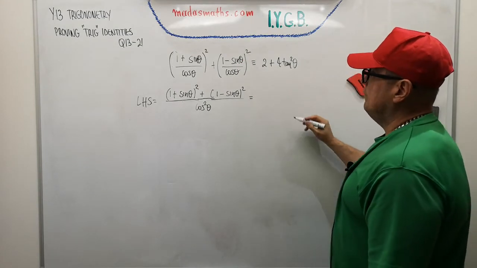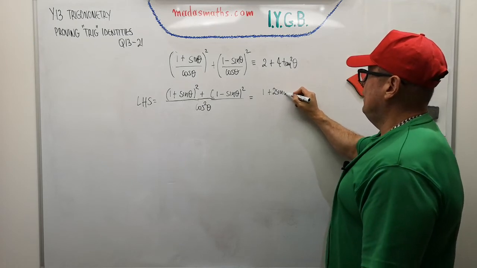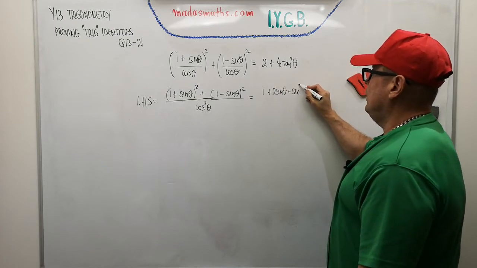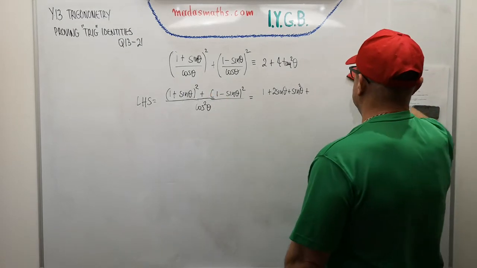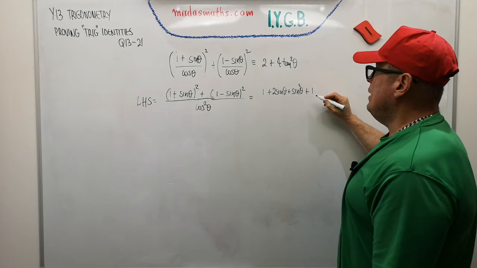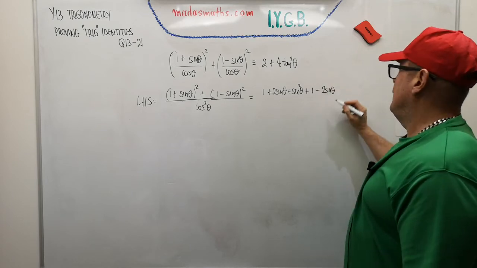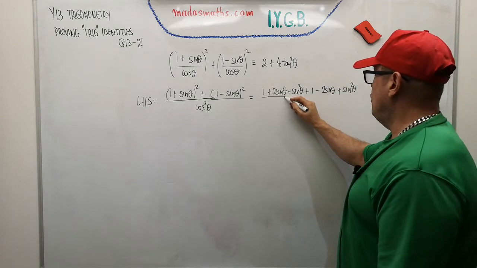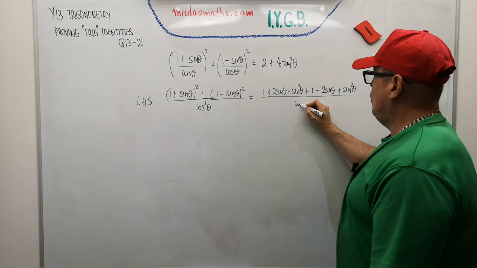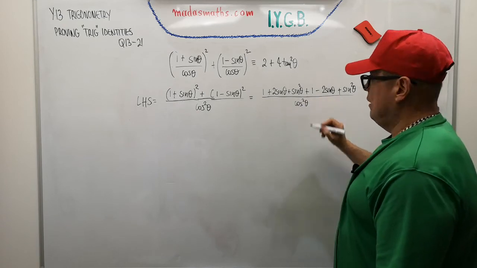If I square the first bracket, it's going to be 1 plus 2 sine theta plus sine squared of theta. The bracket has a plus at the front, so it's quite safe to expand it. 1 minus 2 sine theta plus sine squared theta, the whole thing over cos squared of theta.